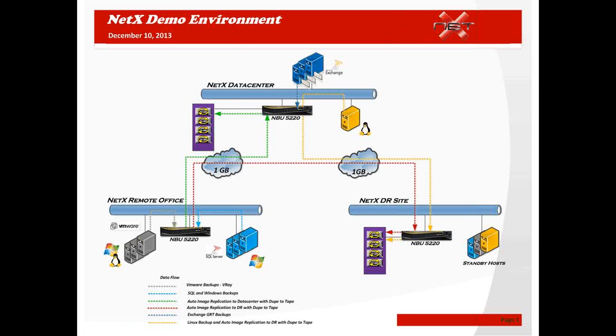We will be showing a SQL backup and restore at the remote office, and also a Windows client backup with replication to the data center and the DR site, both offloading to tape upon completion. We will be referring to this diagram throughout the demonstration so we can actually see what is taking place as the jobs run.